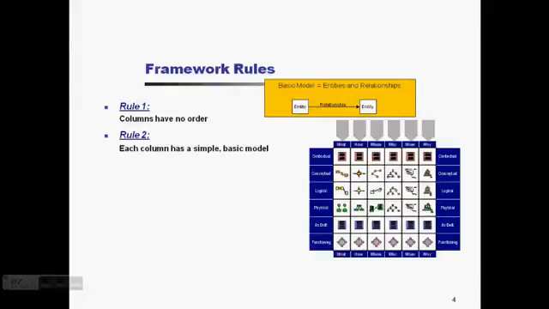Each column of the framework is descriptive of a single independent variable within the analytical target, in our case, the enterprise. Therefore, the basic generic model of any one column is very simple. The variable, in other words, the abstraction, represents as related to itself. Whatever variable represents is related to itself.